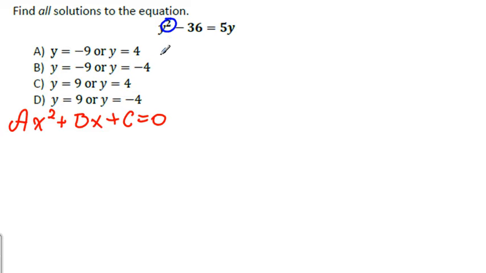If we want to match the variables given in this problem, you can think about this standard form as a y to the second plus b y plus c equal to 0. Notice that everything is on one side equal to 0, but not only that, we need these three terms arranged in order starting with power 2. So let's try to do that in our problem now.